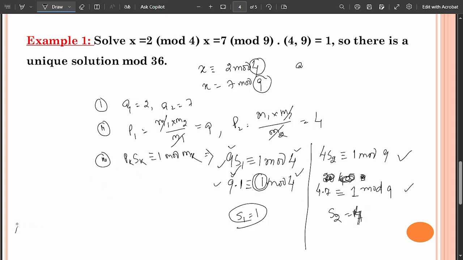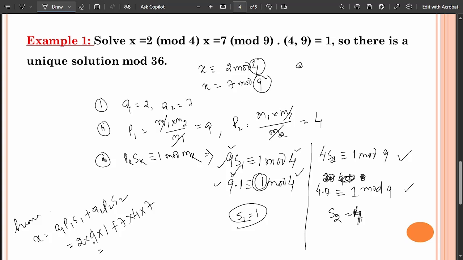Hence our x becomes a1 p1 s1 plus a2 p2 s2. So a1 is 2, p1 is 9, s1 is 1, plus a2 is 7, p2 is 4, s2 is 7.